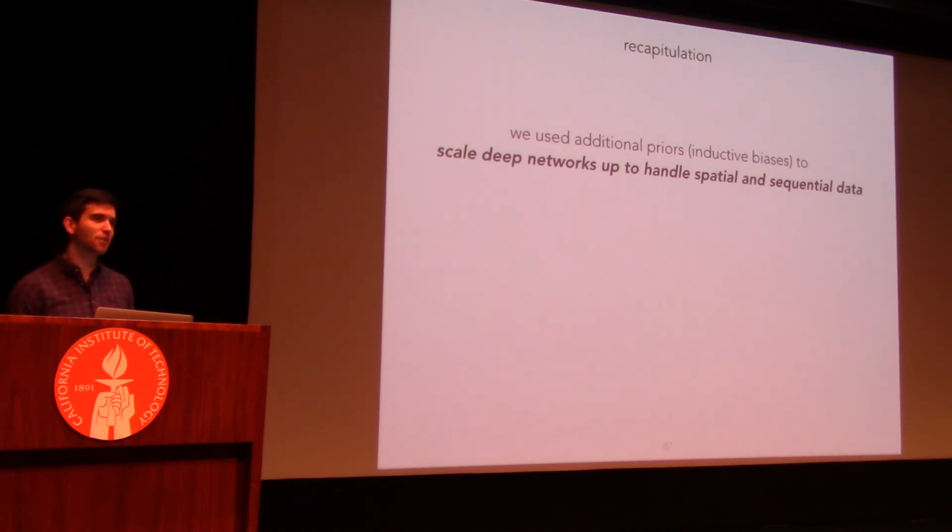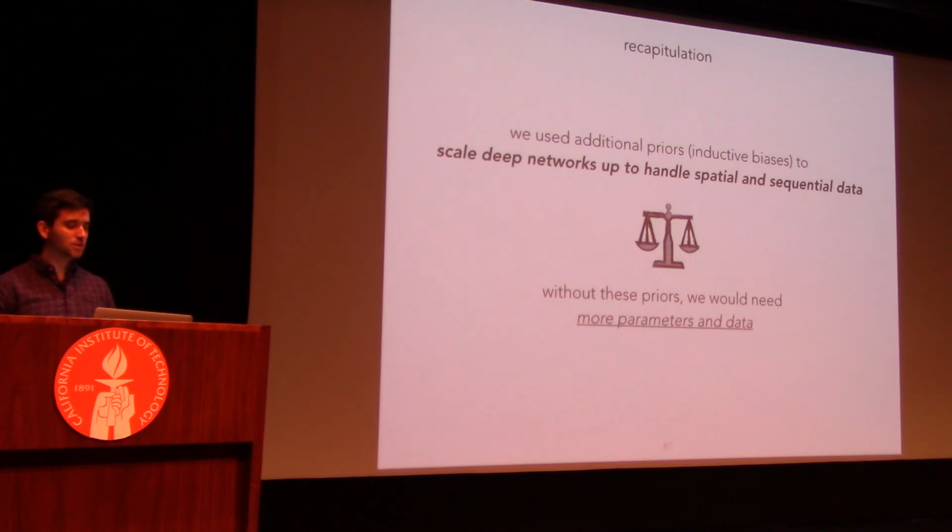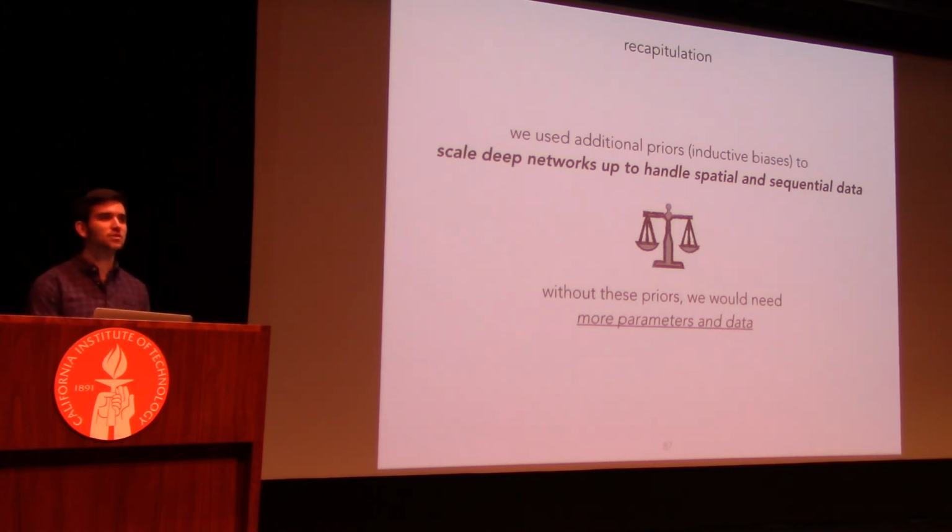Standard neural networks often just don't cut it for high-dimensional data. It's really this balance you have to think about of how much data I'm going to need versus how many priors I can impose on the network. This idea of pre-trained weights, for instance, is one way of imposing additional priors and really reducing the amount of data you need.